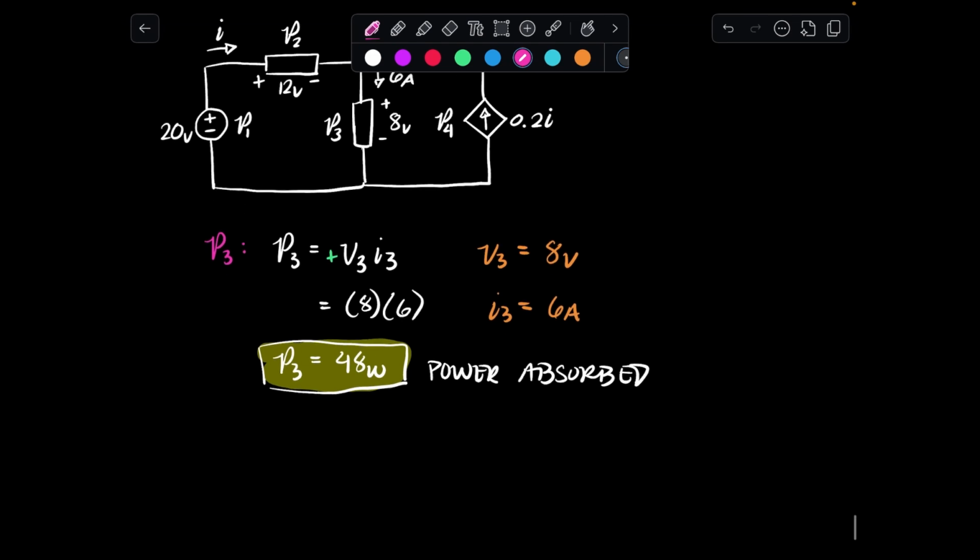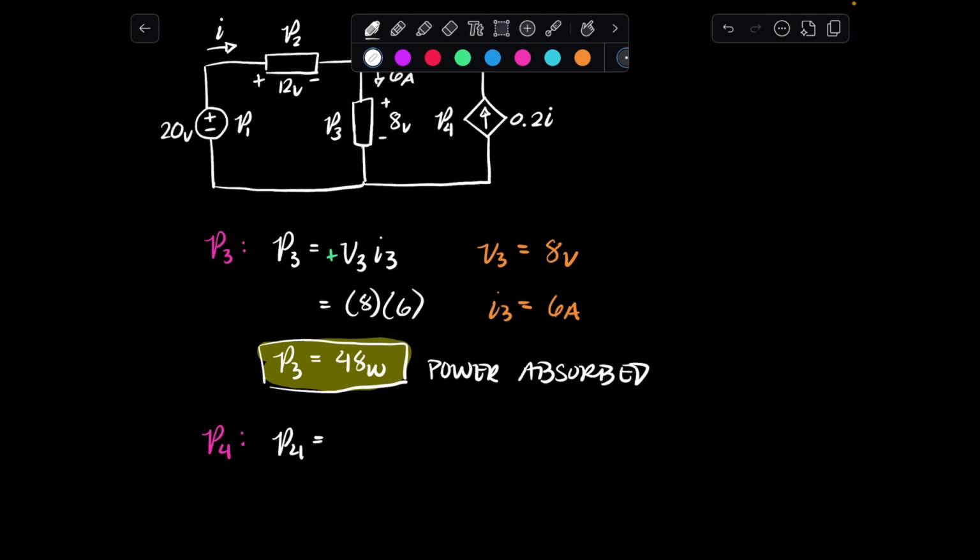And lastly, we have P sub 4 equivalent to the voltage across that element times the current through that element. And we can tell here at P sub 4 that the current is going upwards. Now let's take a look at this. Is this entering the positive terminal of the source or the negative terminal of the source?